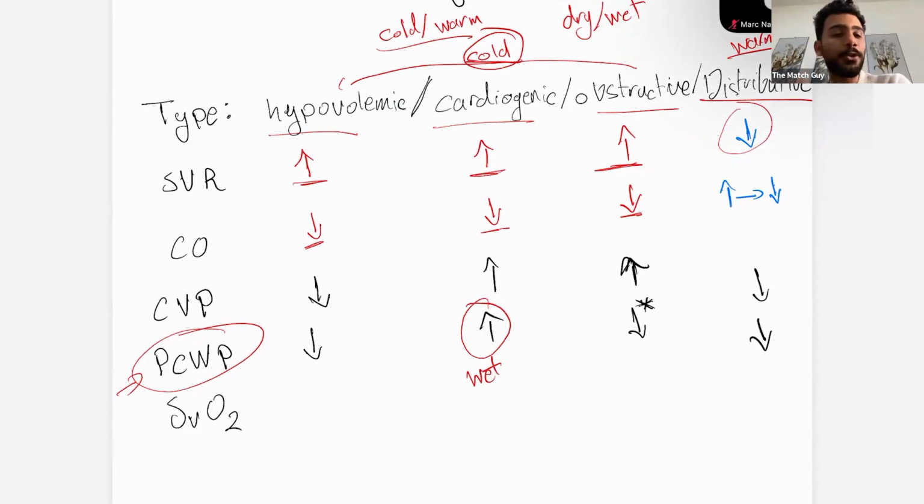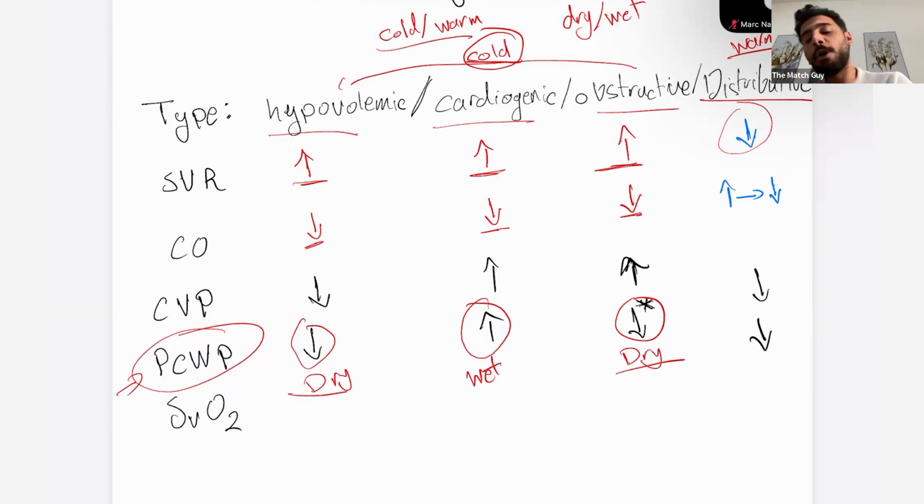And it's also a cold shock at the same time. So cardiogenic shocks are cold and wet, while, for example, hypovolemic shocks and obstructive shocks are both going to be dry, since you're not going to have as much blood congesting all of the capillaries in the lung. When you listen to the lungs, they are going to be dry, or clear. So these are the two clinical descriptions that we use: cold shock versus warm shock, and wet versus dry lungs.